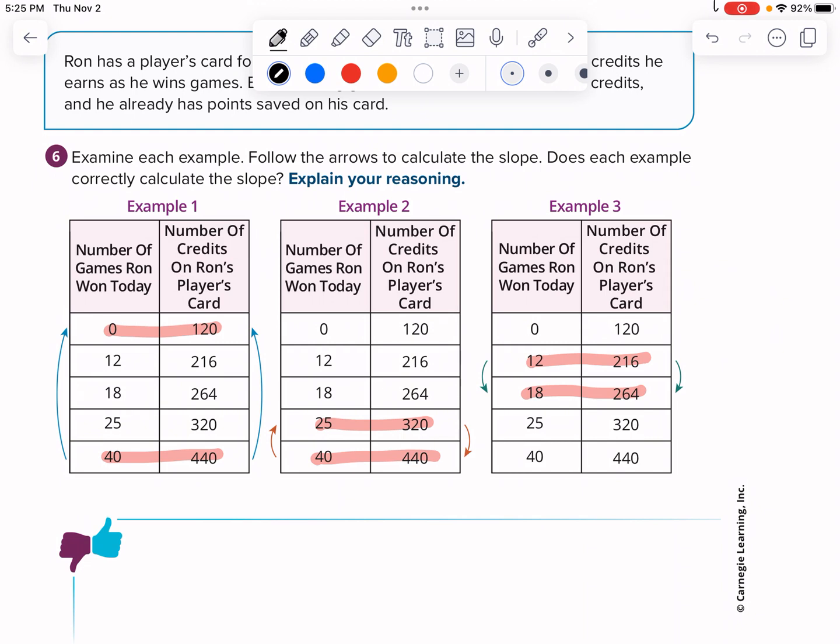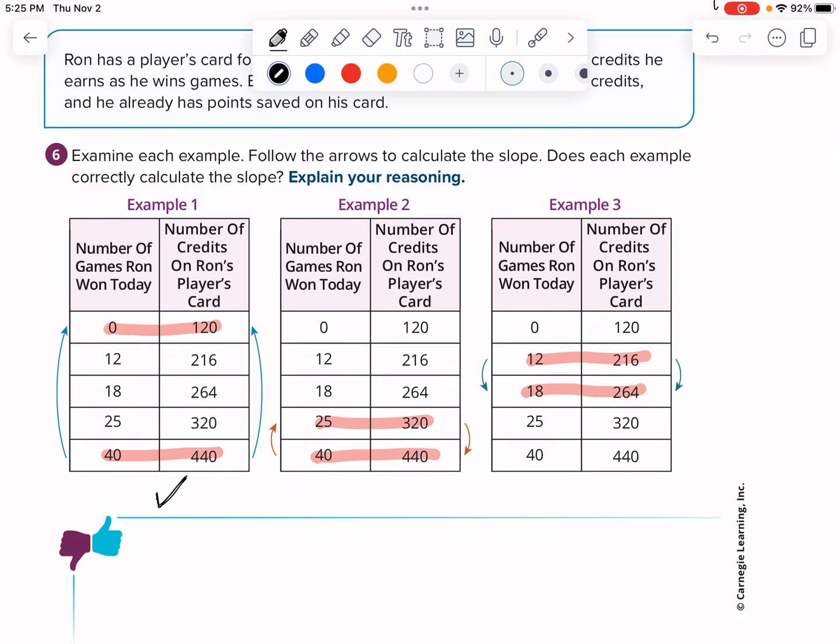Now, whenever you calculate the slope, you need to begin on the same row and you need to end on the same row. In this case, this does that, right? We begin, we're doing 40 minus 0, and we're doing 440 minus 120. The last one, we begin right on the second, end on the third. Begin on the second, end on the third.